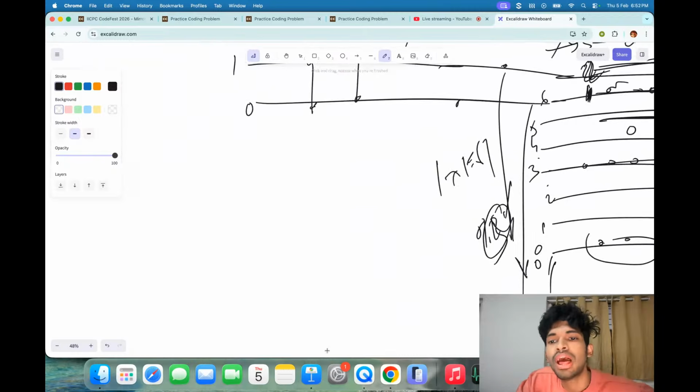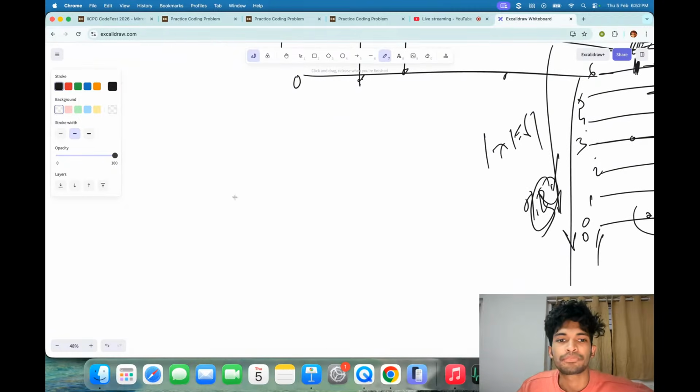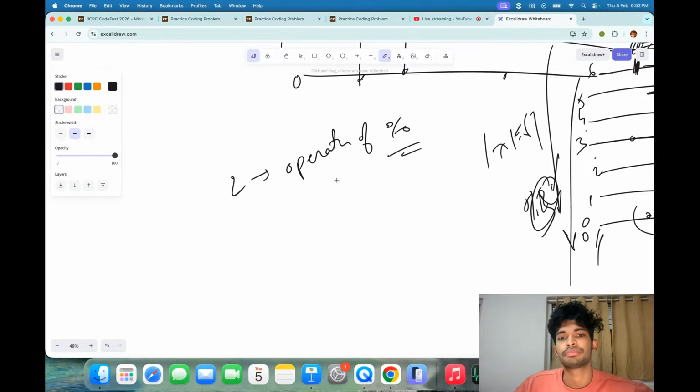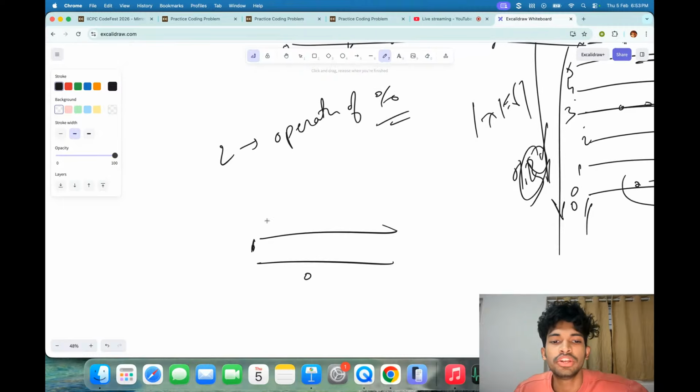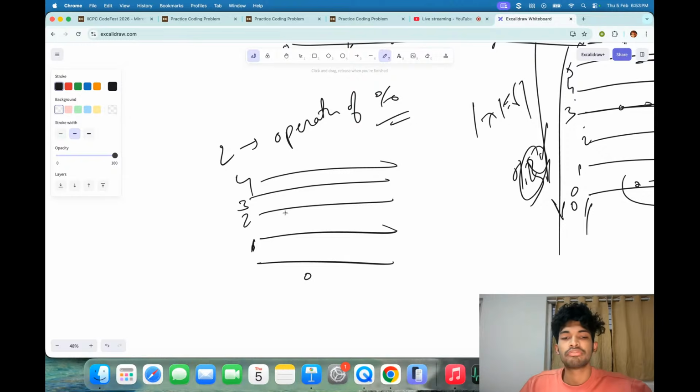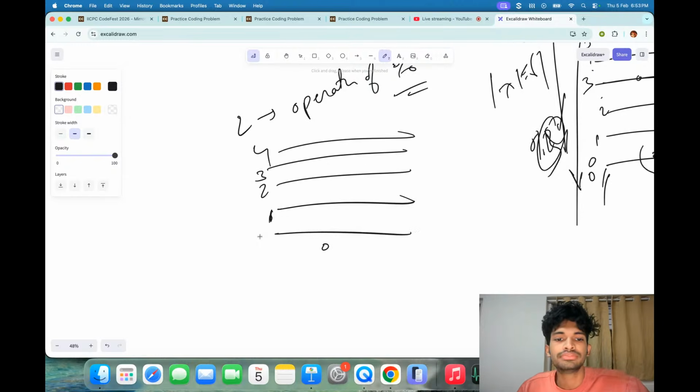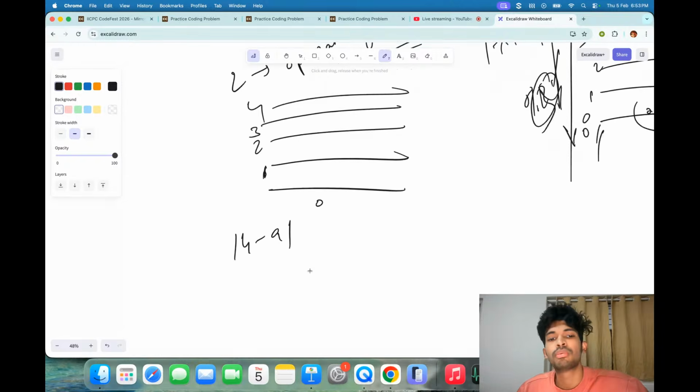So what all have we done here? We did two operations of remainder. With one operation, what happened? 0, 1. Okay, and then what did we do? We flipped them with respect to 4, 4 minus a.